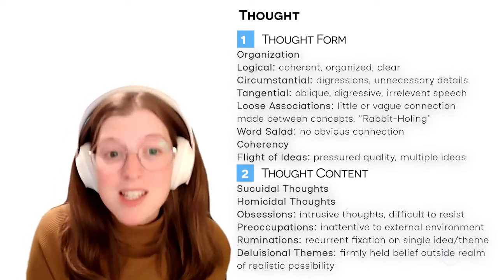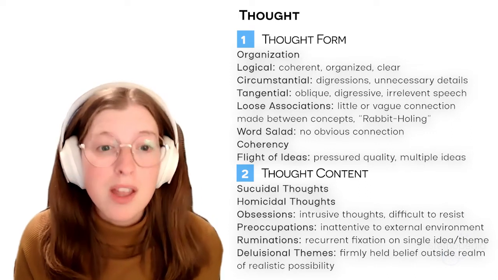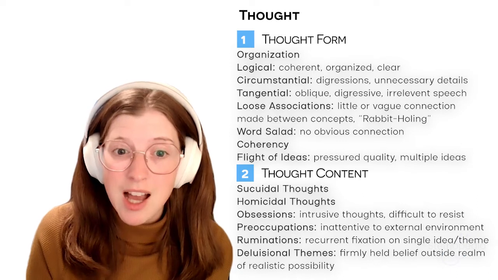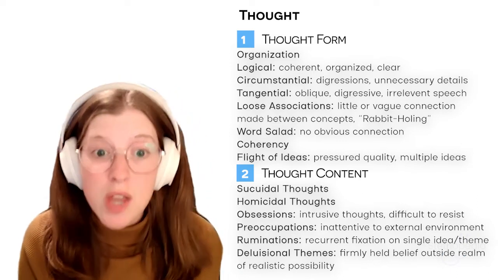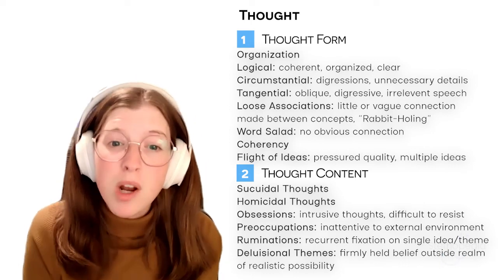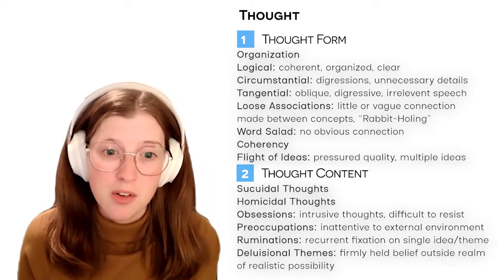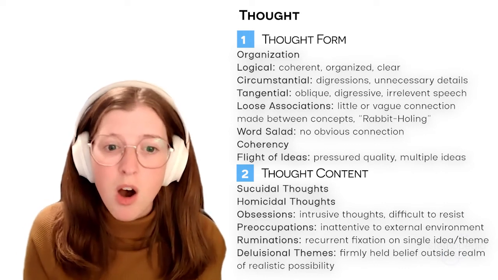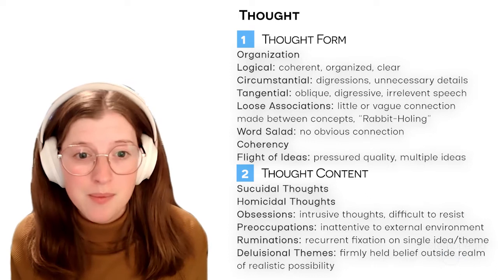together. When discussing thought organization, we can think about whether the thinking is logical, as in organized, coherent, clear, direct connections between content, and one idea flows directly into another. Or we can move it along a spectrum all the way to word salad.